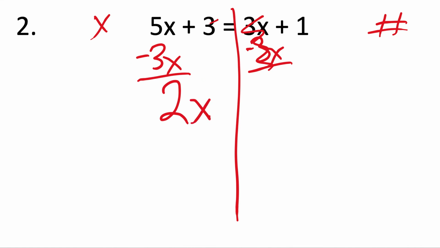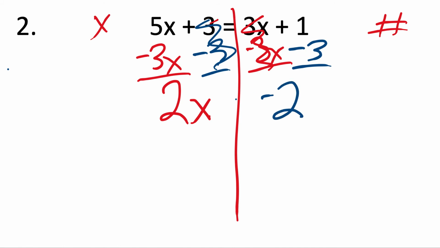Now my x's are to the right, so I'm going to go to the left here. This plus 3 needs to move over here, so I'm going to go minus 3 here, minus 3 there, so plus 3 minus 3 cancels over here. 1 minus 3 is negative 2. Now I just have a simple one-step equation like what we did last week.